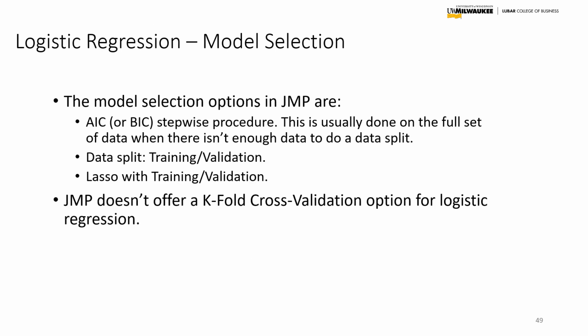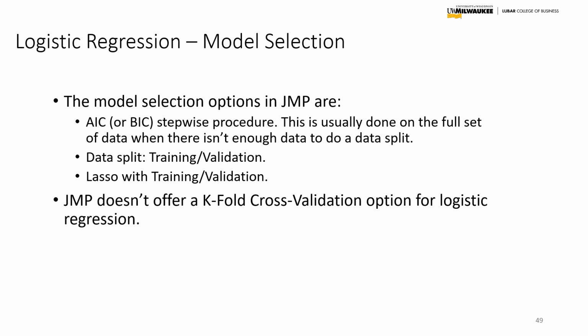With the first logistic model example, we only had one X variable, so there wasn't an issue of looking at various combinations of X's for model selection purposes. As we had in multiple regression, we have some options for model selection. If we don't have a lot of data, we can use AIC or BIC on the full set of data to find an appropriately balanced model.